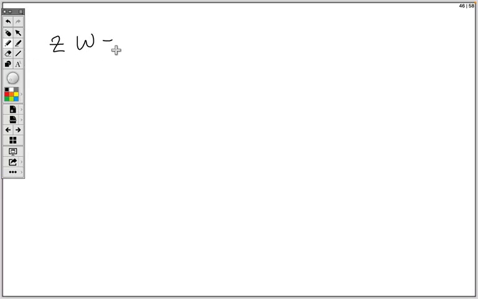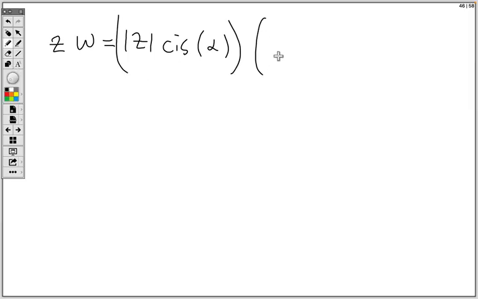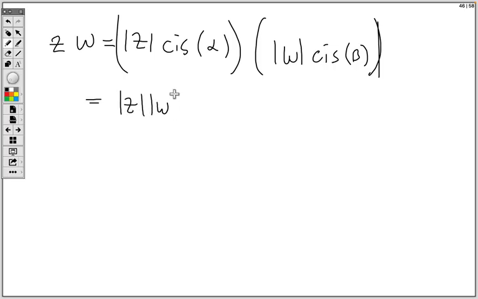So z times w would be the magnitude of z cis alpha times the magnitude of w cis beta. So we can go ahead and multiply the moduli together. I might have said magnitude. I'm thinking vectors. It's sort of the same thing. So we're going to multiply the moduli together.